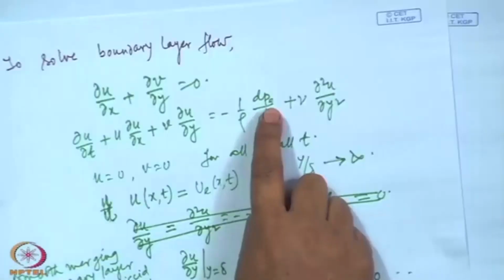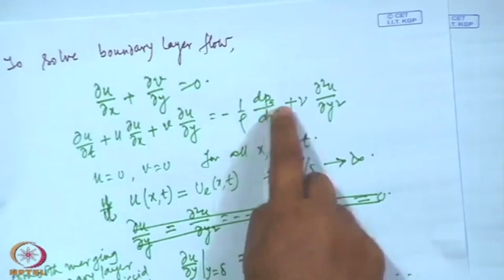As you see, this boundary layer solution obviously depends on the inviscid flow solution through this term. The inviscid solution comes in here. Okay. Similarly, this viscous solution is going to affect the inviscid flow.